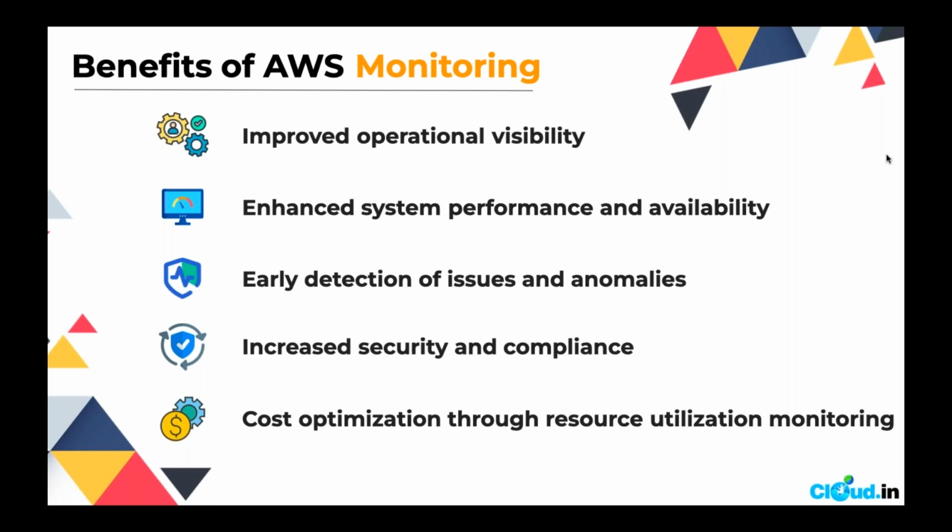So next is cost optimization through resource utilization and monitoring. AWS monitoring enables us to track resource utilization metrics and analyze usage patterns, such as graphs, to identify opportunities for cost optimization.